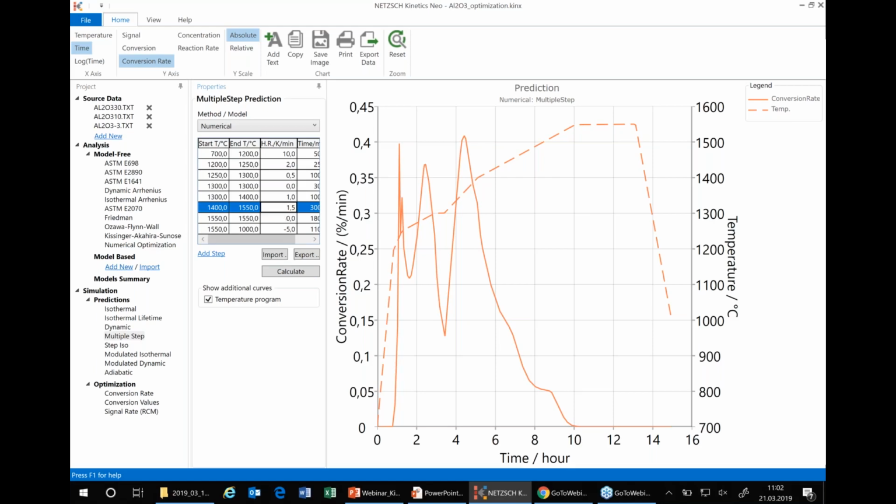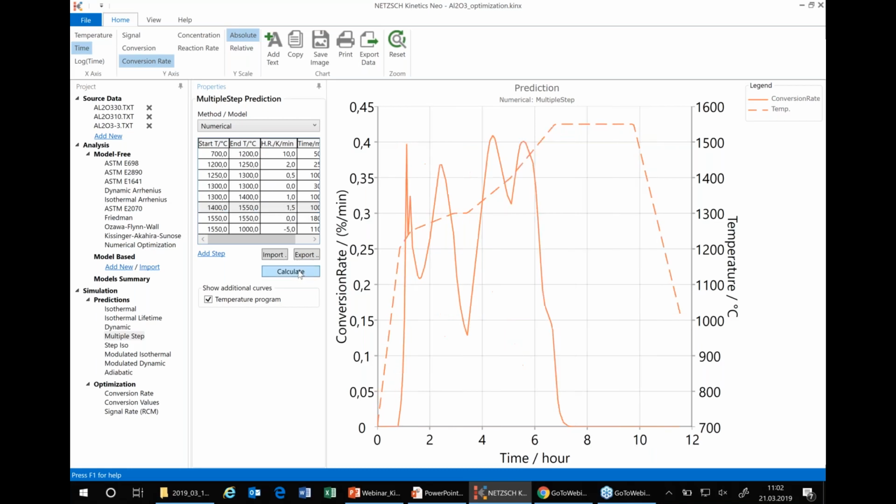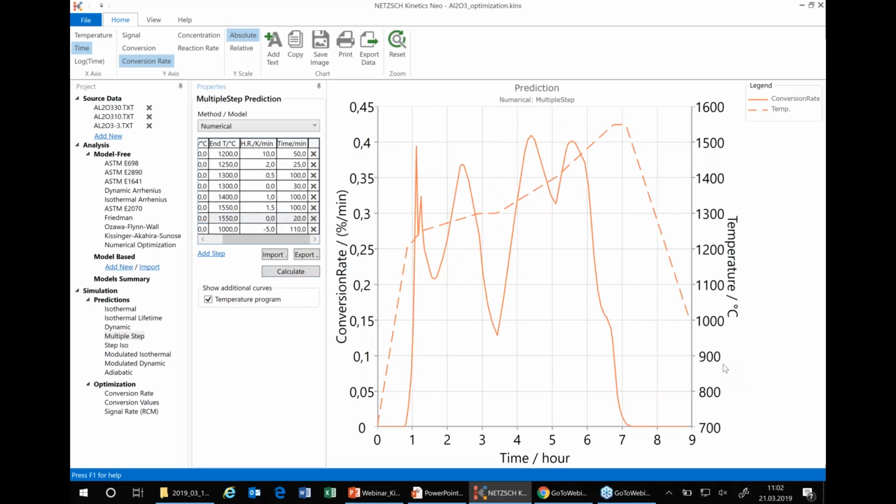For example, 1.5 K per minute. Great. The last isothermal segment is not necessary. Maybe we can remove 20 minutes from 3 hours. And the last cooling is not necessary to remove, but it belongs to the total oven properties, and therefore we will not remove it.